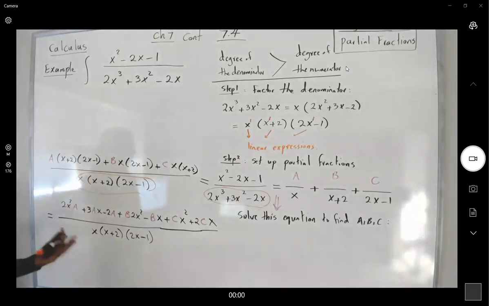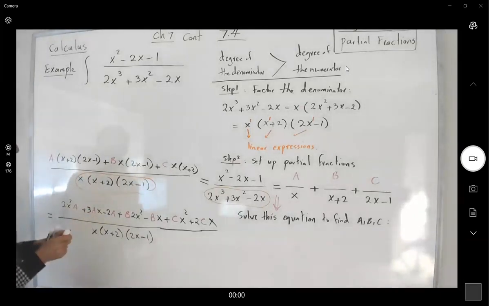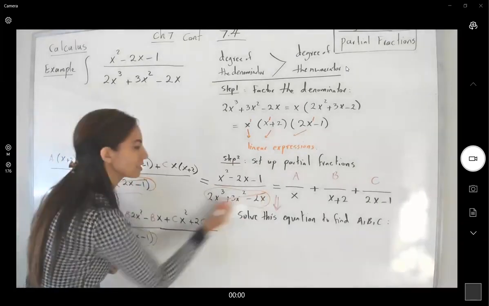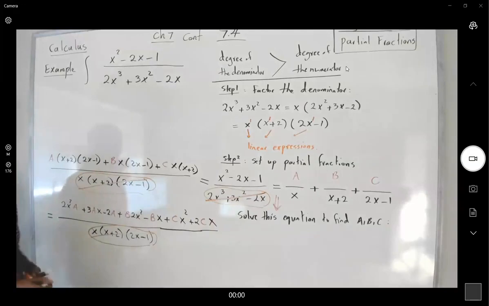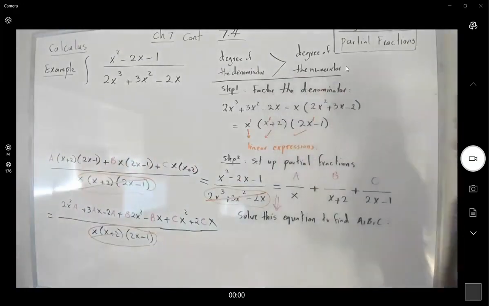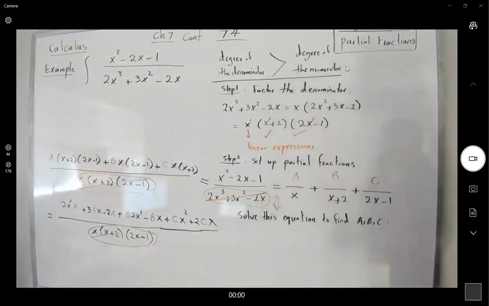So what's the next step? I already know that these denominators are all the same. The numerators must be the same.